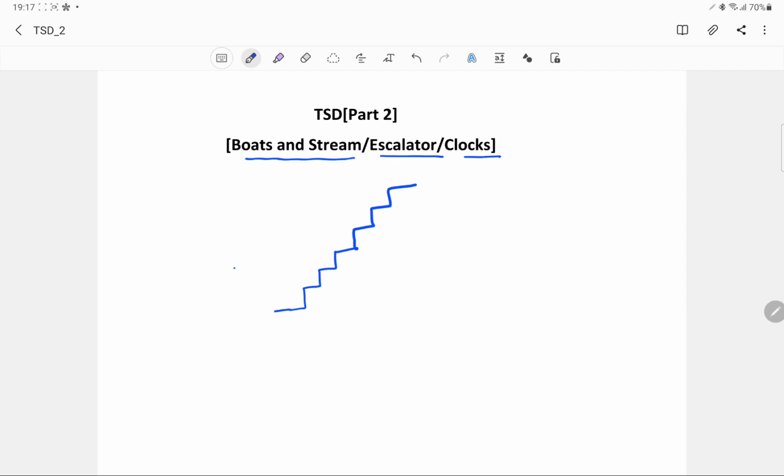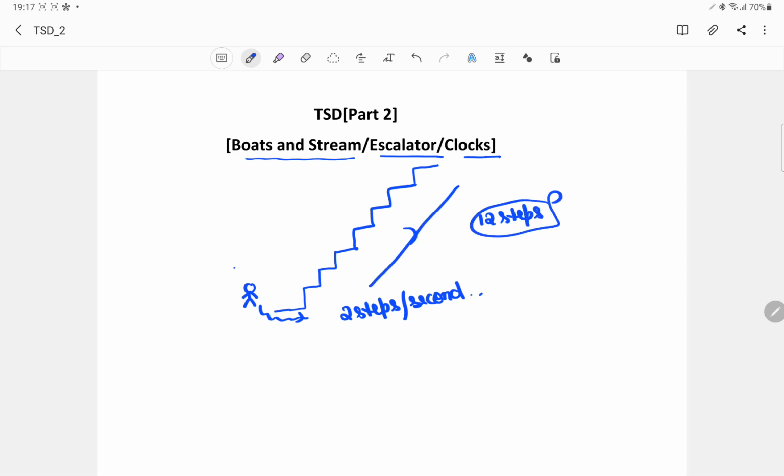The only difference is, for instance, you have a person who is standing over here, and this person is taking, say, 2 steps per second. Suppose it is a stationary stair, and the entire escalator has 12 steps, and he is taking 2 steps per second.